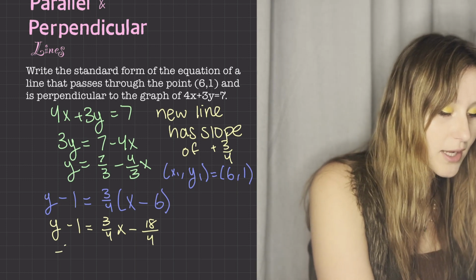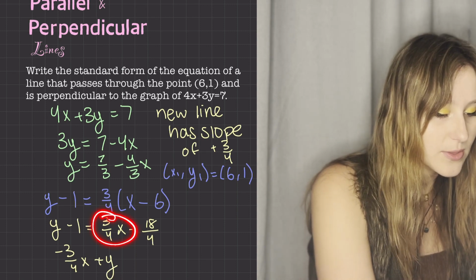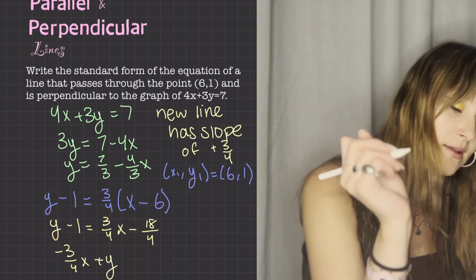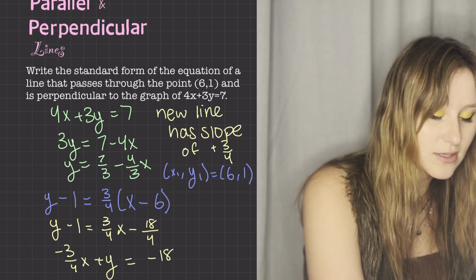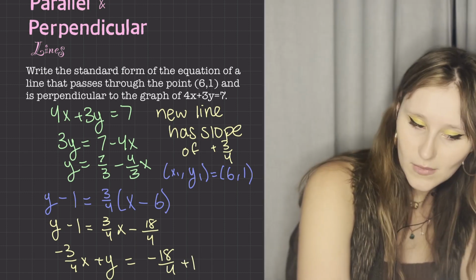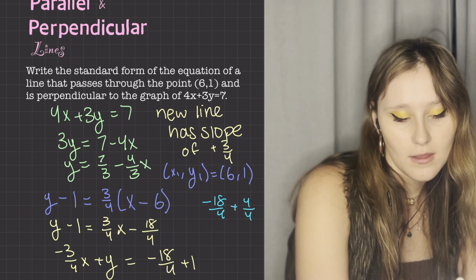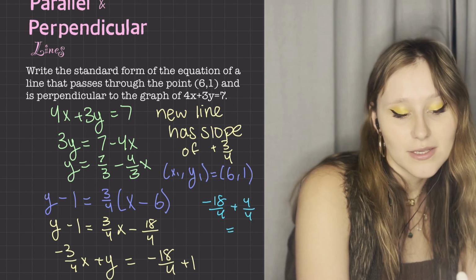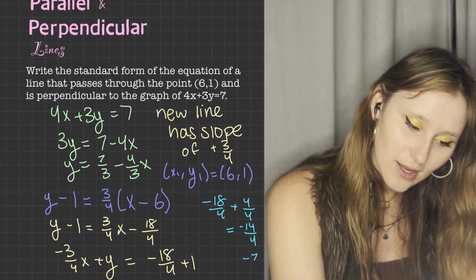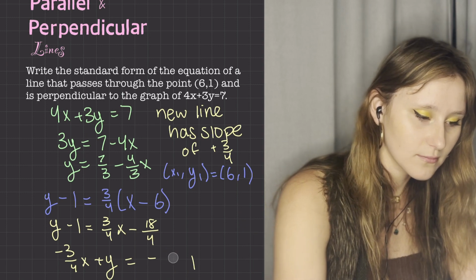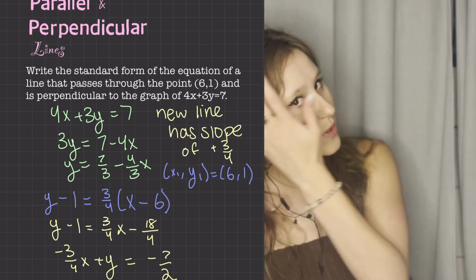So we get minus 3/4 x plus y, because I just subtracted 3/4 x on both sides. And then I'm going to add 1 on both sides. So we get minus 18 over 4 plus 1. By the way, minus 18 over 4 plus 1 is going to be equal to minus 14 over 4, which is also equal to minus 7/2. Let's write that down. Minus 7/2. And that's our answer, queens and kings.